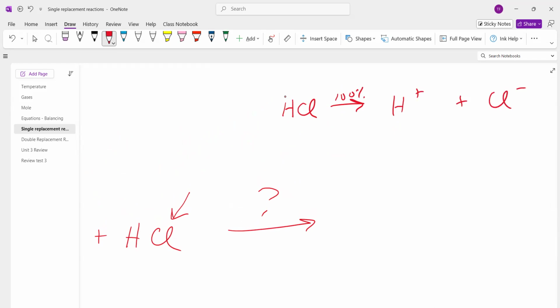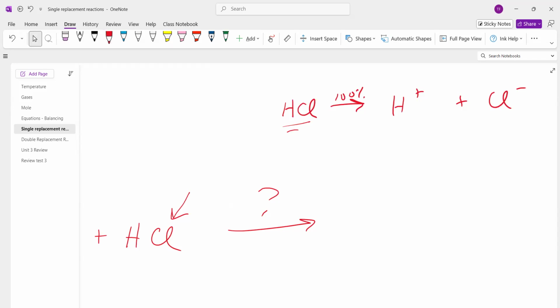It means it completely ionizes to H plus and Cl minus all the time. There is no HCl present in a beaker full of hydrochloric acid because by definition, a strong acid dissociates.